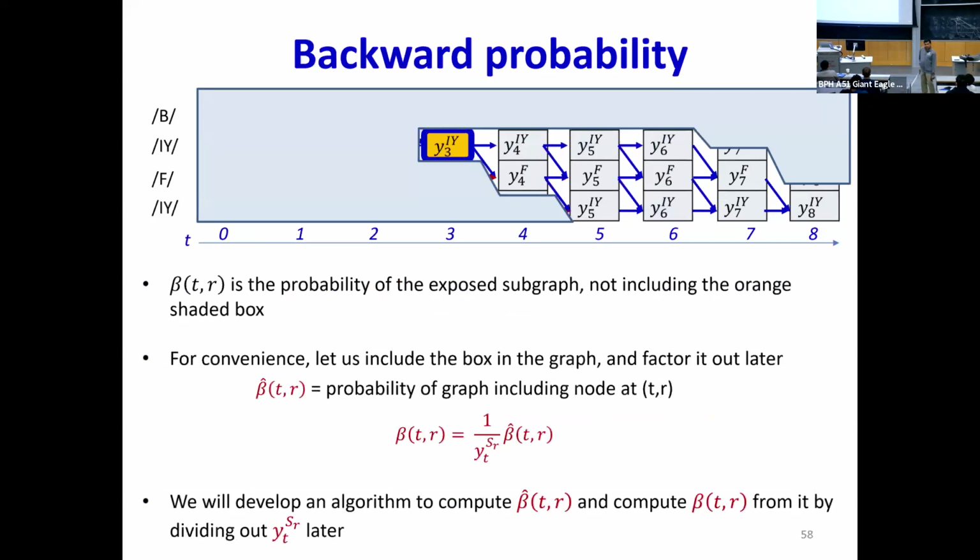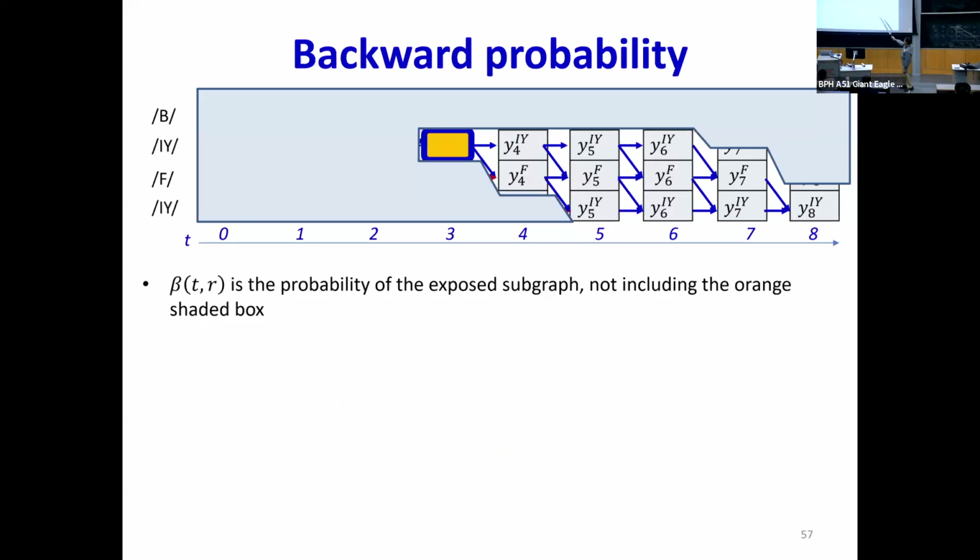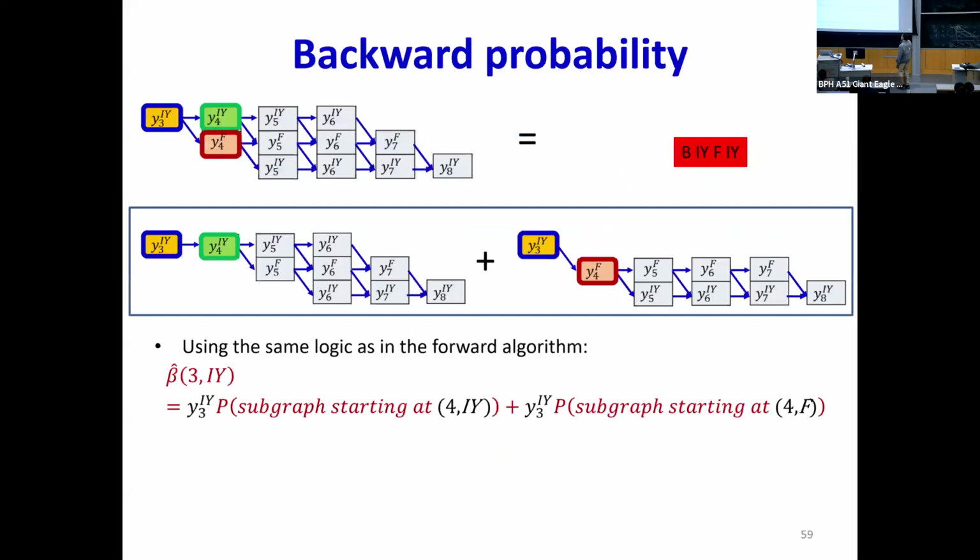And so I'm going to actually consider the total probability of all paths starting from the orange node till here. So I'm going to call this beta hat T,R. Beta hat T,R includes the orange node. But what I really want is the portion of the graph that doesn't include the orange node, which I'm calling beta T,R. But the relationship between the two is easy, right?